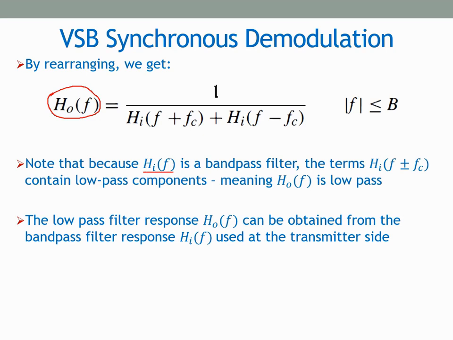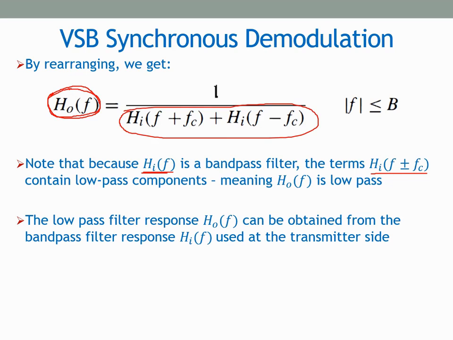If we shift it because of multiplication at the receiver, this will become a low pass signal because of f plus minus fc. So this whole expression represents a low pass signal, so that means H0(f) must also be a low pass filter.